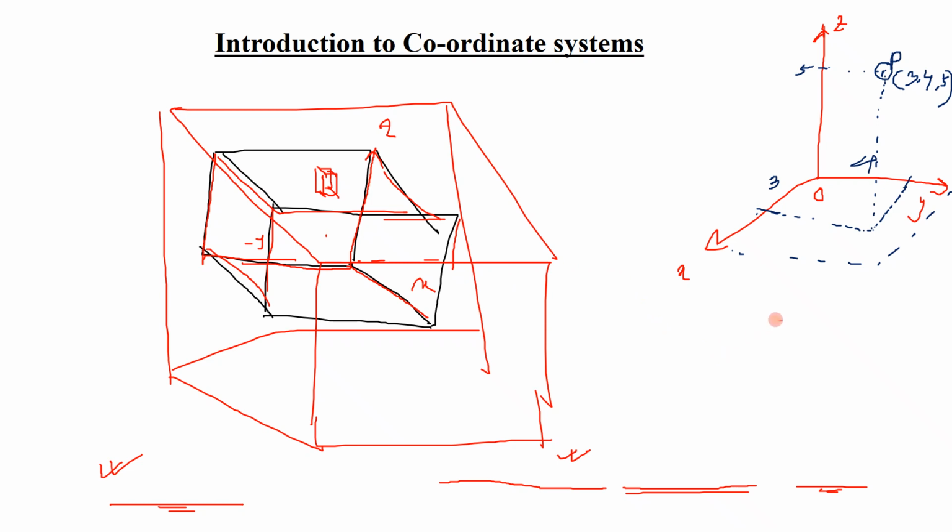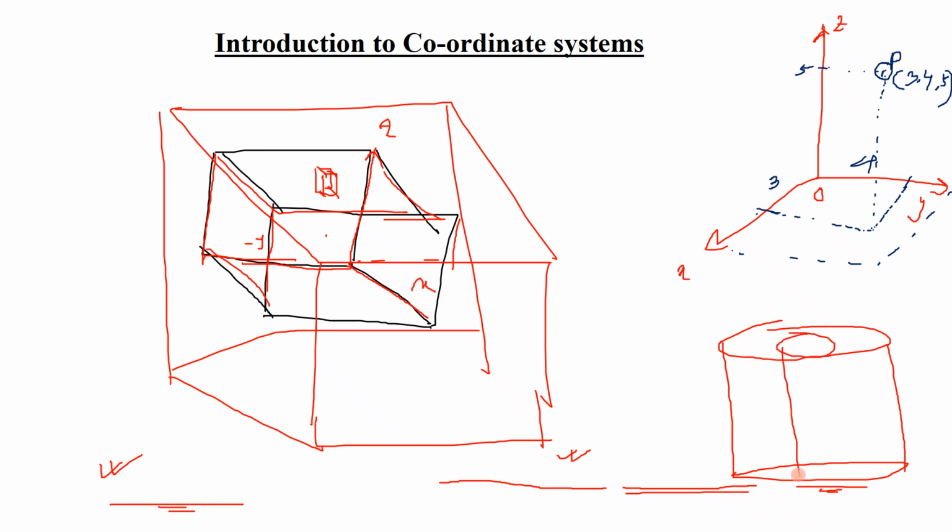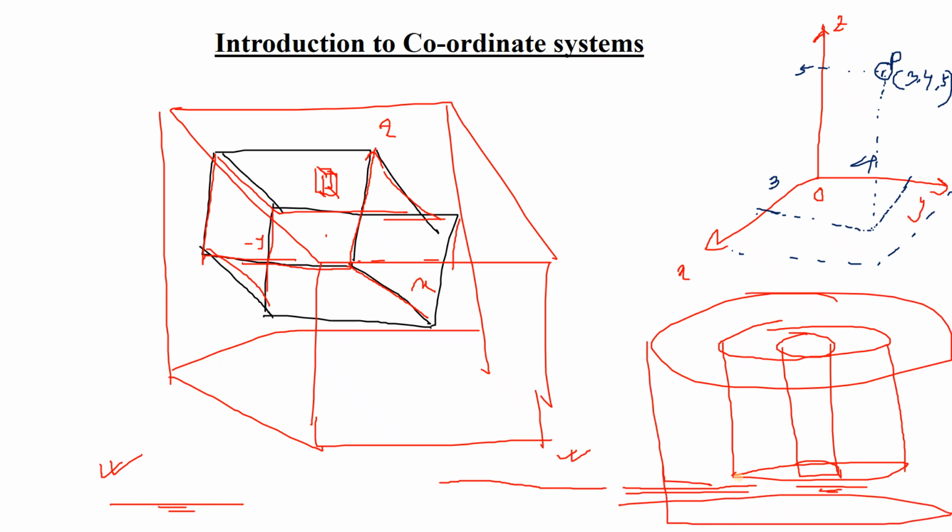The cylindrical coordinate system is like that. The whole universe is in the shape of a cylinder, which has some height and a base. It can be a narrow one, it can be a broad one, any shape we can get. That is the cylindrical coordinate system. It can be a longer one, any shape. And spherical means the whole universe is in the shape of a sphere.